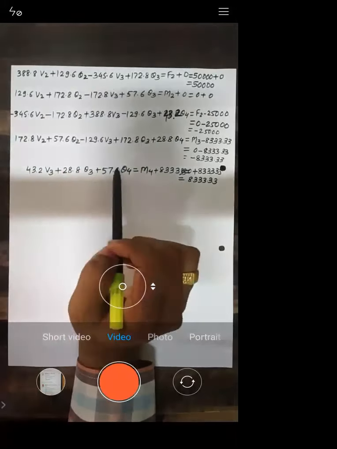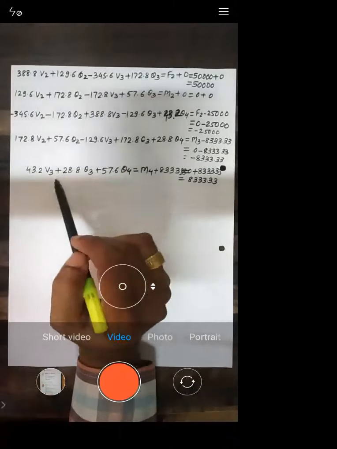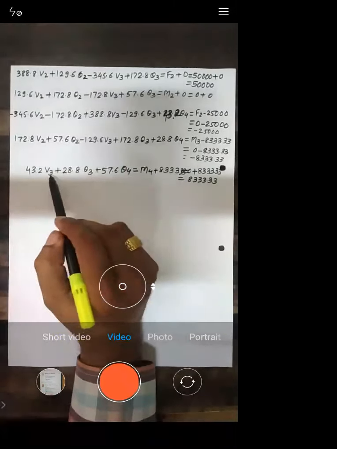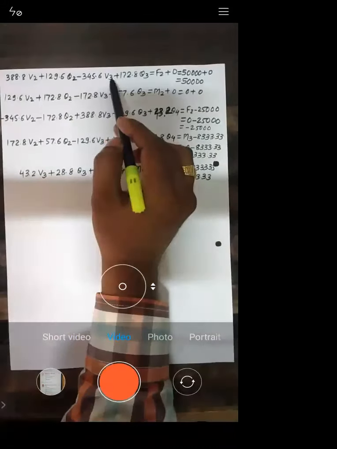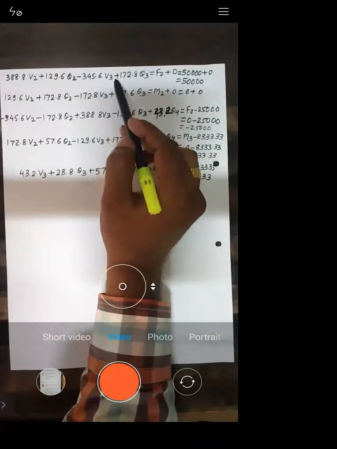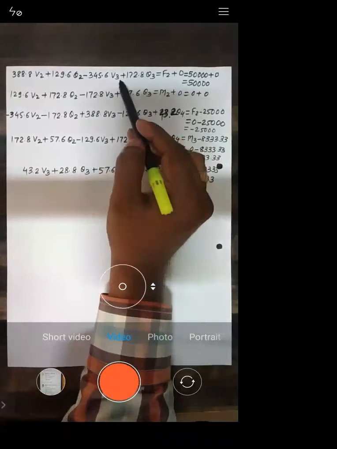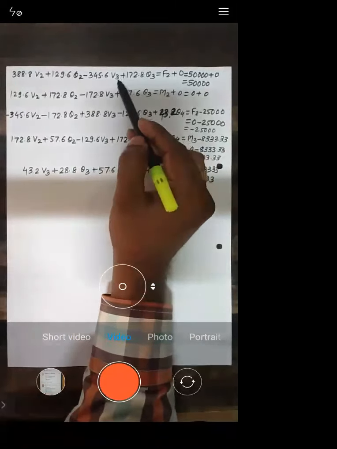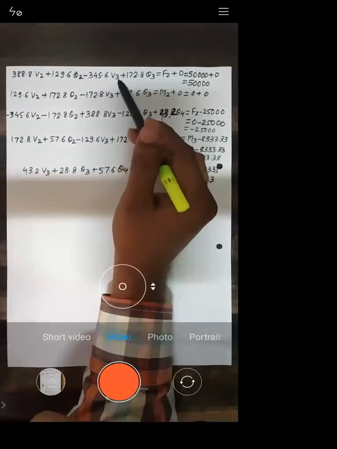Here you have 3 unknowns. So from this equation you calculate the value of V3, and you put this in this form, so you'll get it in terms of theta 3 and theta 4.